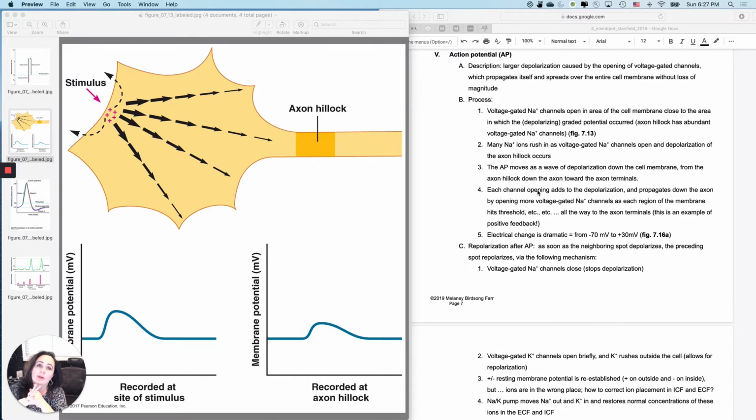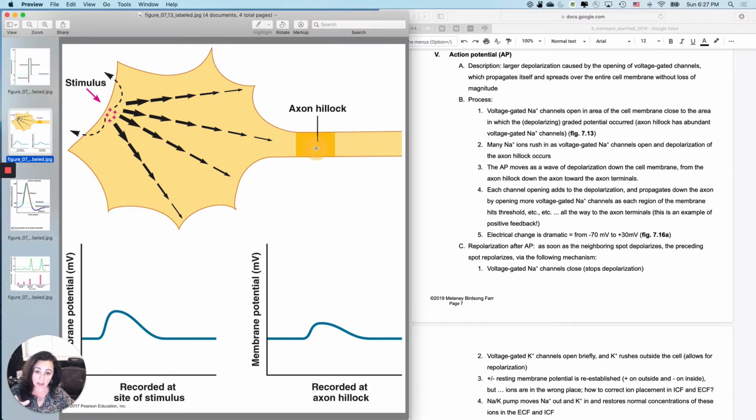When you get a big enough depolarization here to cause the axon hillock, we're talking about neurons here, to hit threshold, which averages about minus 55, then you open a new kind of channel, and the new kind of channel is a voltage gated channel.